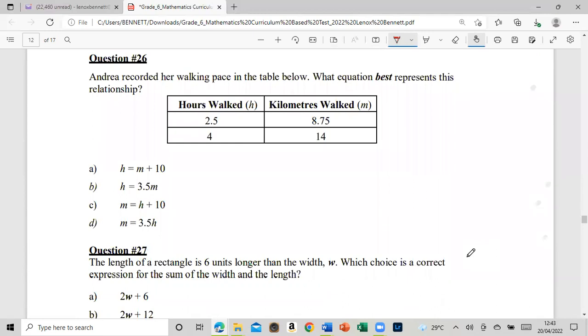Andrea recorded her walking pace in the table below. What equation best represents the relationship? All right, so it says 4 to 2.5, 14 to 8.75.